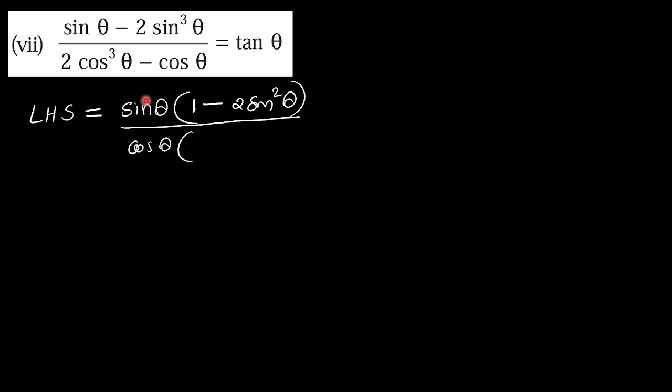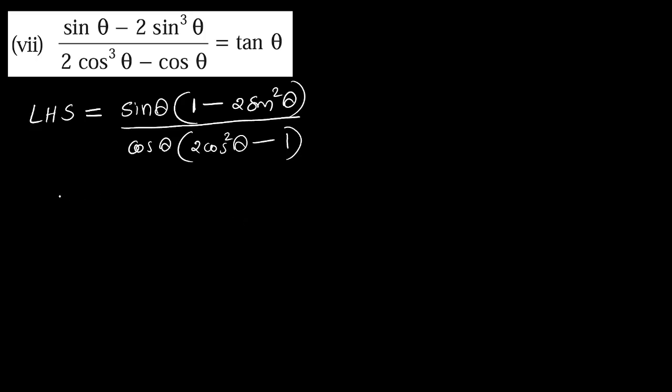From 2 cos cube theta, 1 cos is taken, so 2 cos square theta remaining, minus, and 1 cos is lost, so 1 is remaining. Till this step you are okay, right? Lina, Samriddhi, Benedict, everyone is clear? Remove your raised hands.